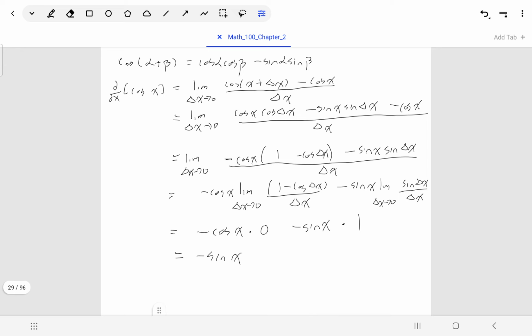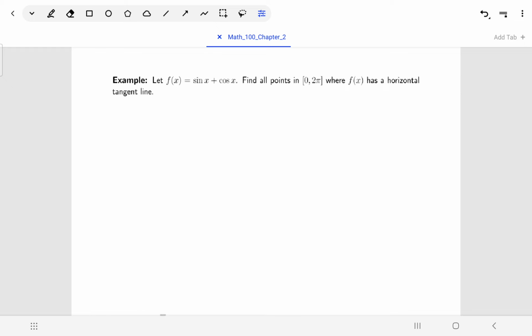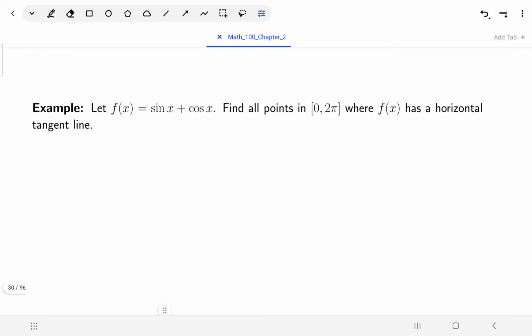And now let's use that. Here I've got a function, and I want to find all the places in that interval from 0 to 2 pi where f of x has a horizontal tangent line. And again, horizontal lines have a slope of 0.